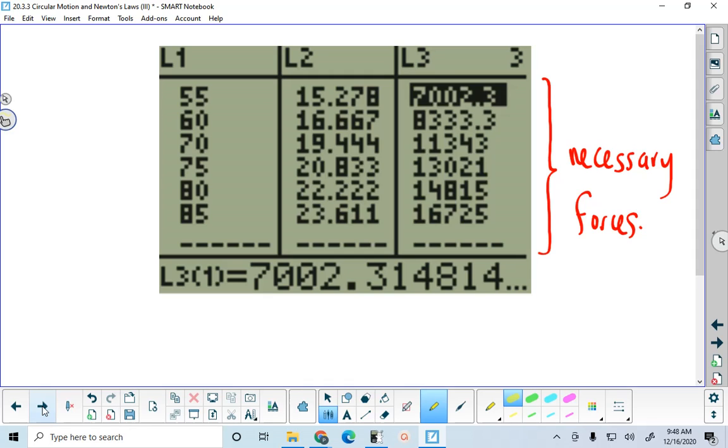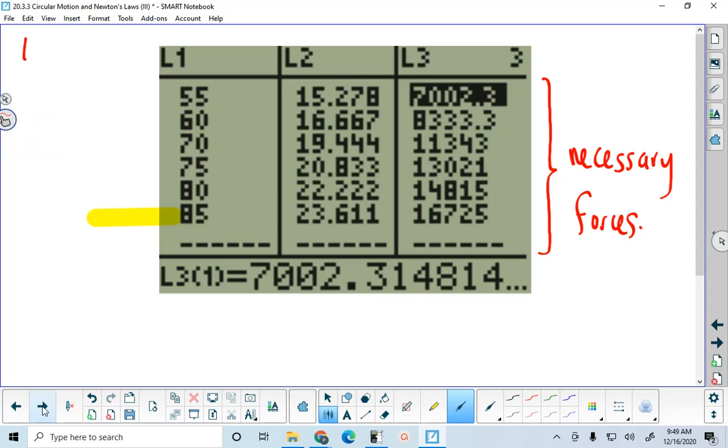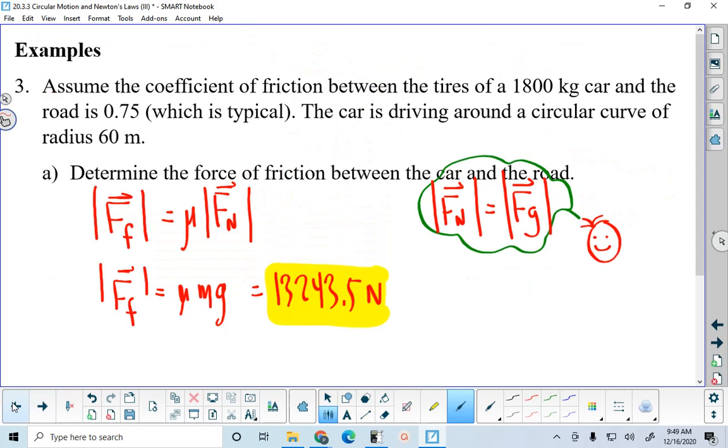Will the car be able to successfully travel at 85 kilometers per hour? The force of friction, I'll write down so you can see it on the screen, is 13,243.5.